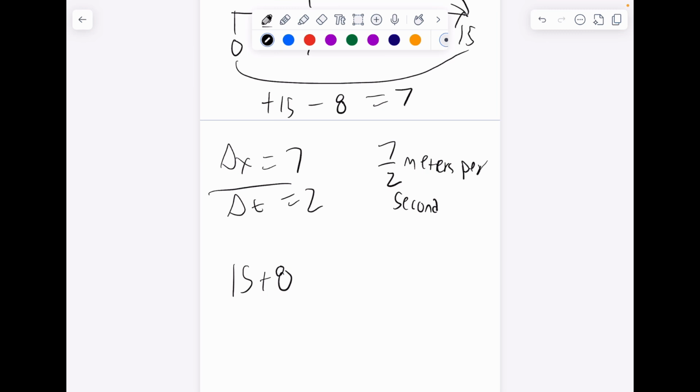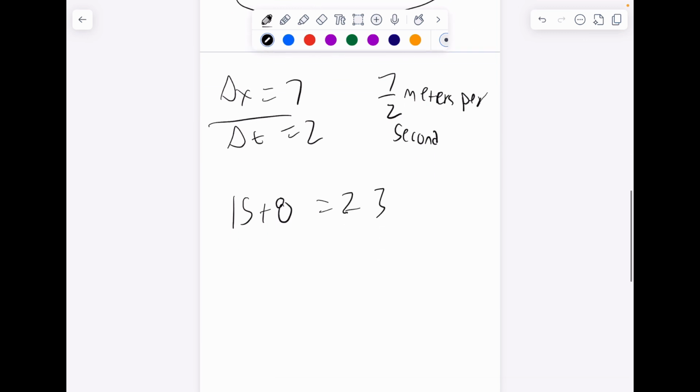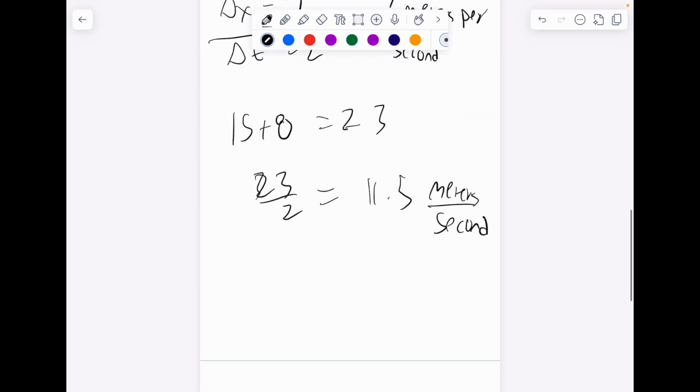We're not really taking direction into account, simply how much distance we've traveled. And this is 23. The time stays the same. So if I do 23 over 2, then I'll get about 11.5 meters per second as my average speed.